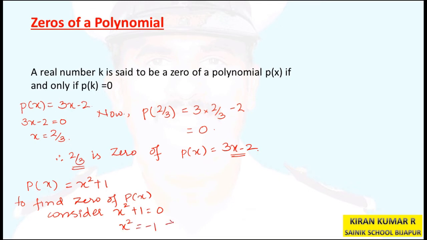This implies x is minus 1 taken under root, root minus 1. This root minus 1 is not a real number, so there is no real 0. In this case we had a real 0. In this case we have no real 0.